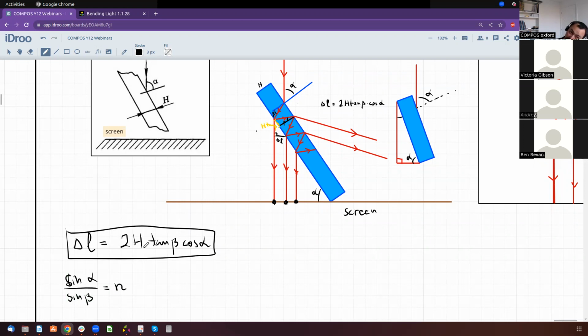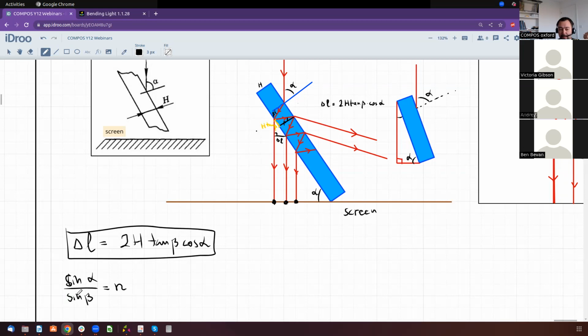My trick in using Snell's law: I know that n is greater than 1, and I know that alpha is greater than beta. So it's either sine alpha over sine beta equals n, or it's sine beta over sine alpha equals n.